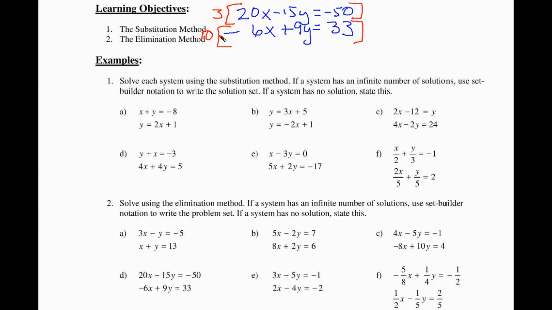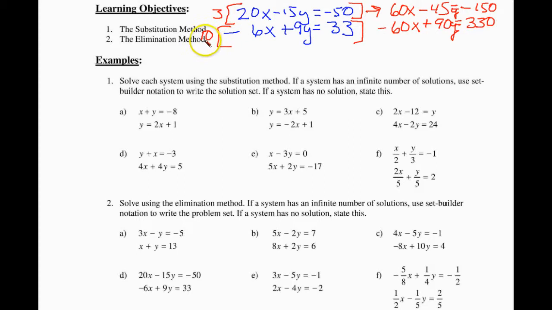And I'm going to pause to do it. Now I'll take it item by item. 3 times 20x is 60x. 3 times a negative 15 is a negative 45y. And 3 times a negative 50 is a negative 150.